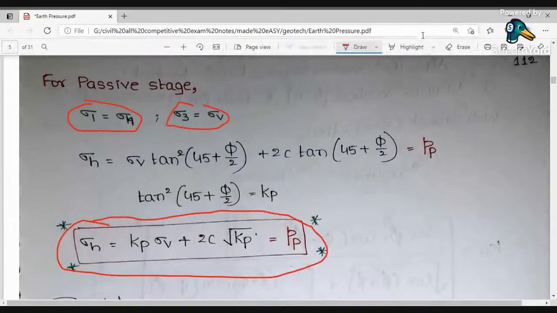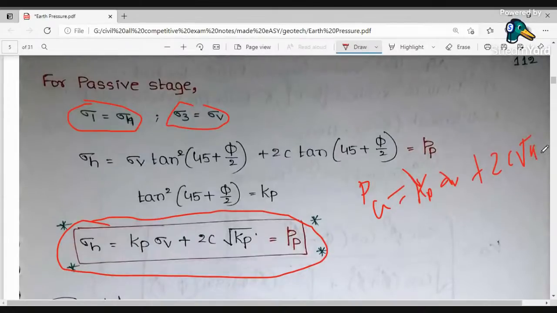So mainly we're getting some important formulas in case of cohesive soil. The passive earth pressure pp is basically Kp into sigma v plus 2c root over Kp, right?